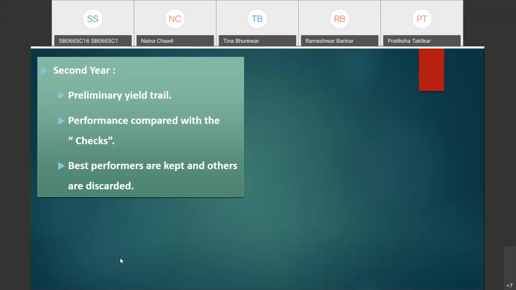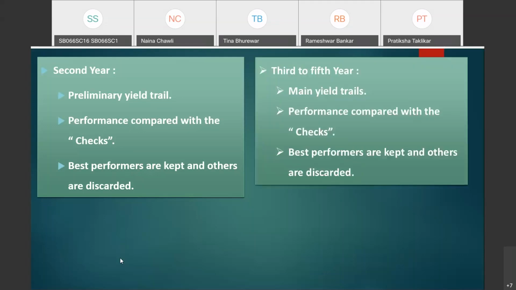Okay, the plants which show better performance over their checks are selected, the best performers are selected and the others are discarded in the second year. Here also the selection is carried out depending upon the phenotypic character. Okay, this is about the activities which are carried out in the second year. Then in the third to fifth year the main yield trials are carried out.